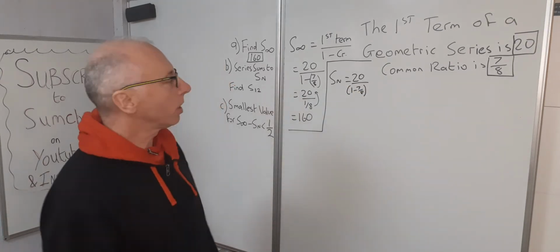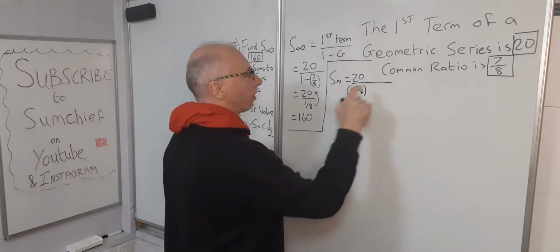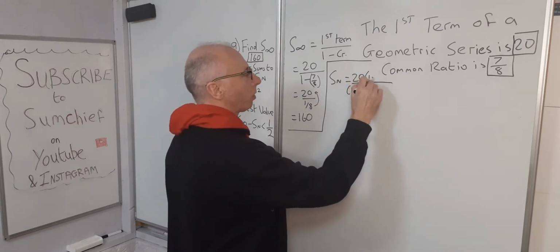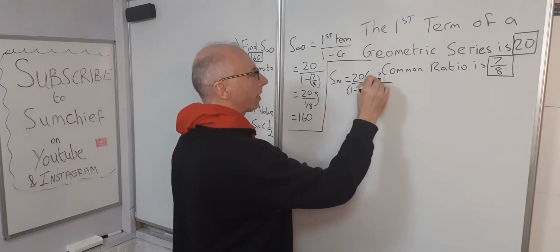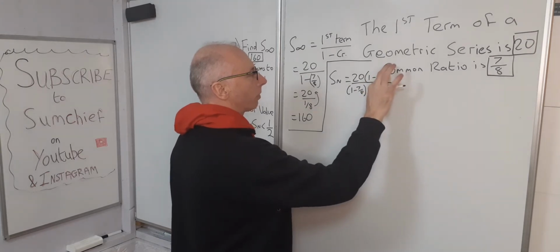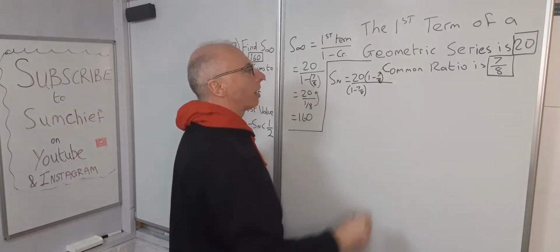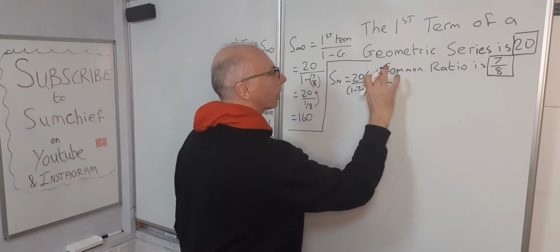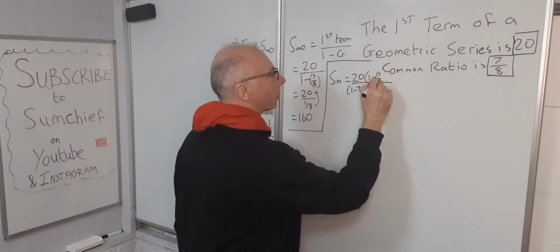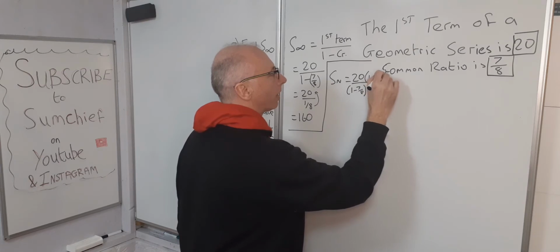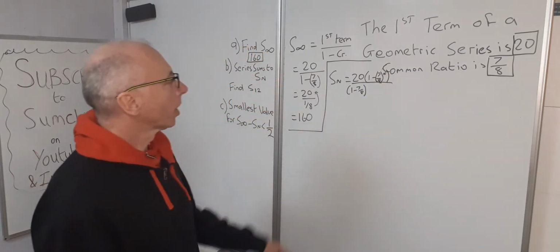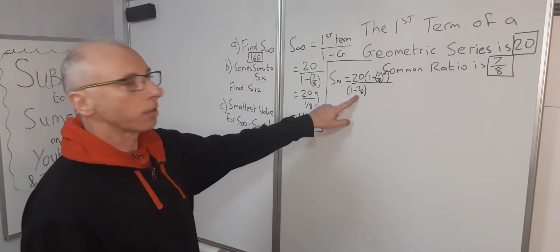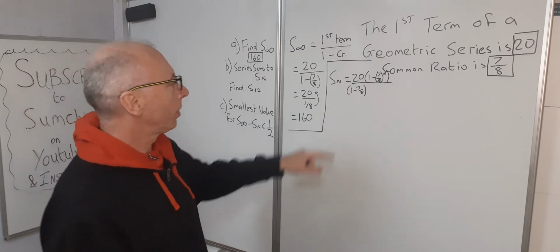And then we multiply it by this term, 1 minus 7/8 to the power of n. So just 7/8 to the power of n, and that is separate. Okay, so that's what our formula is.